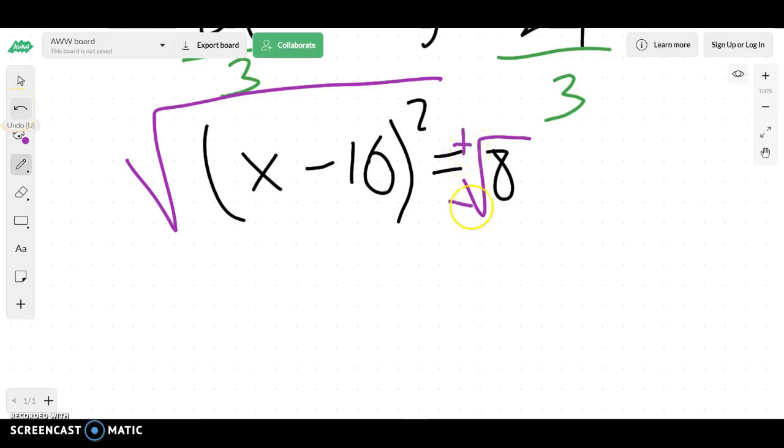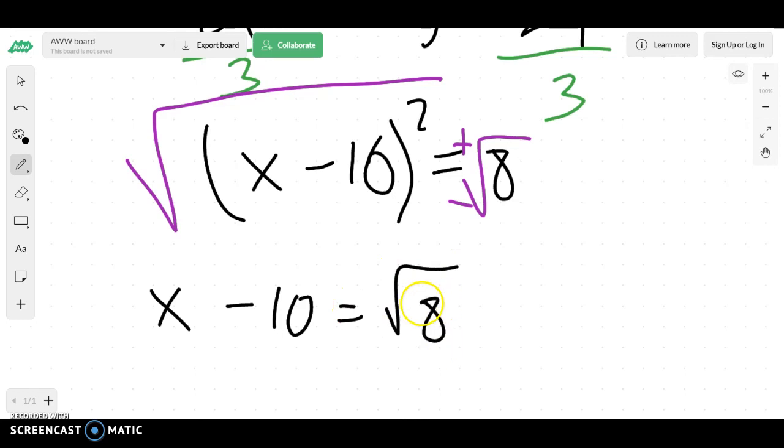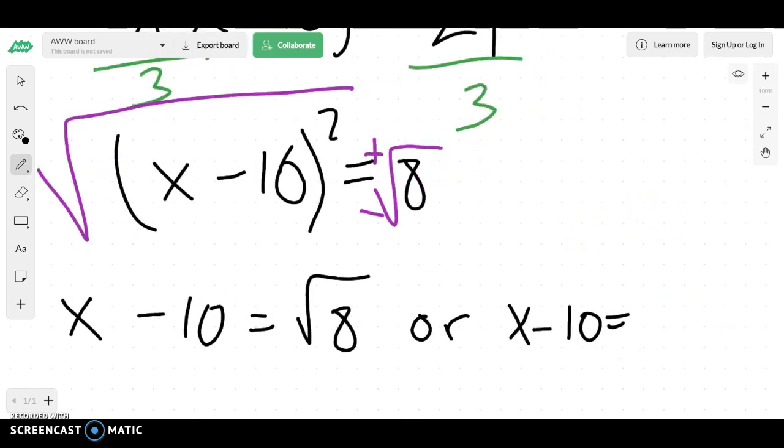This is where it gets a little bit tricky because that is plus or minus. So what you end up getting is that x minus 10 equals the square root of 8, or x minus 10 equals the negative square root of 8.